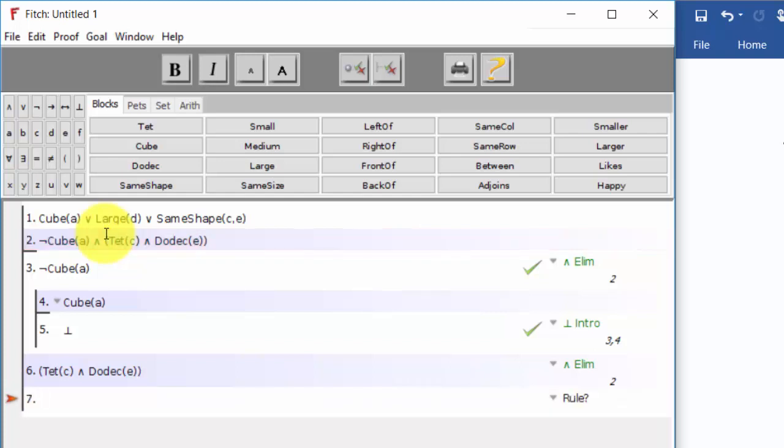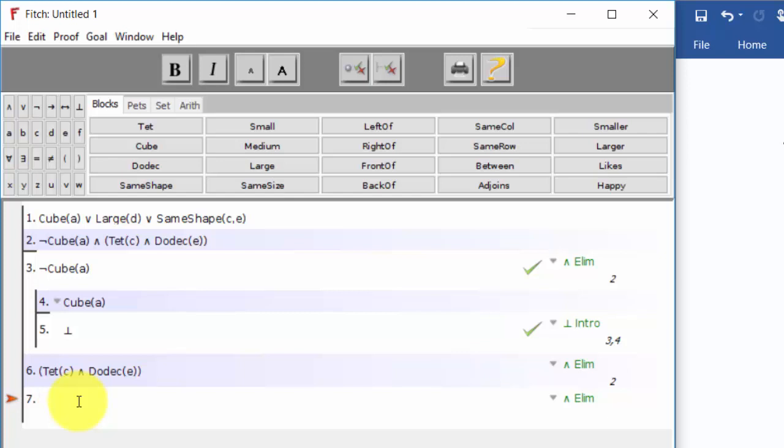Okay, and we were talking about how if C is a tetrahedron and E is a dodecahedron, then C and E cannot be the same shape. Now, I'm going to have to rely on the meaning of the premises and the constraints of Tarski's world in order to infer that it's not the case that C and E are the same shape.